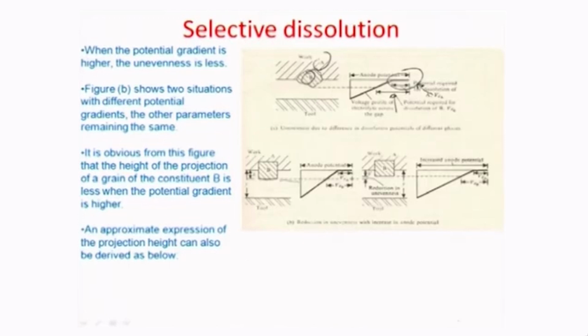If you look at this gap as y between the tool and the surface A, and the available dissolution potential for A is VDA, then V minus VDA by y is the electric field across this gap. If we consider that of B, then the gap reduces to y minus delta, thereby the field becomes equal to V minus VDB by y minus delta.